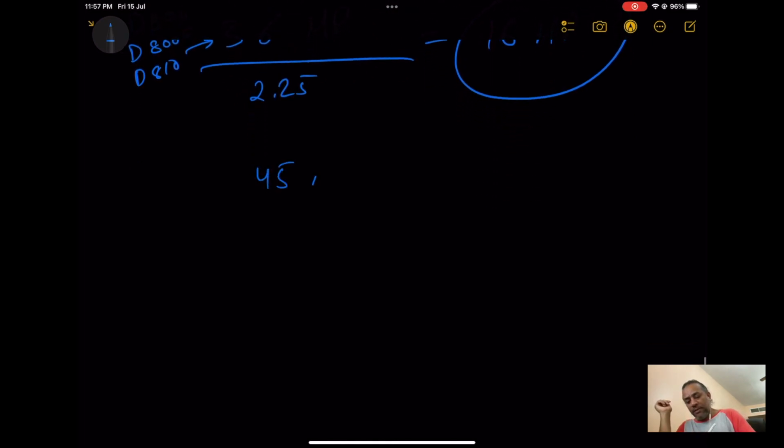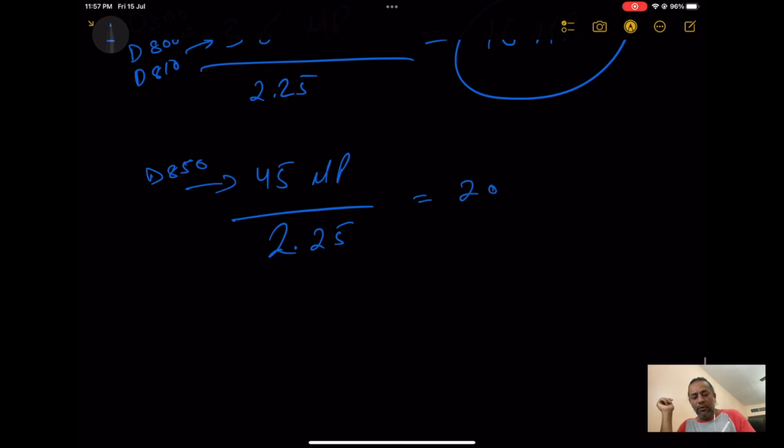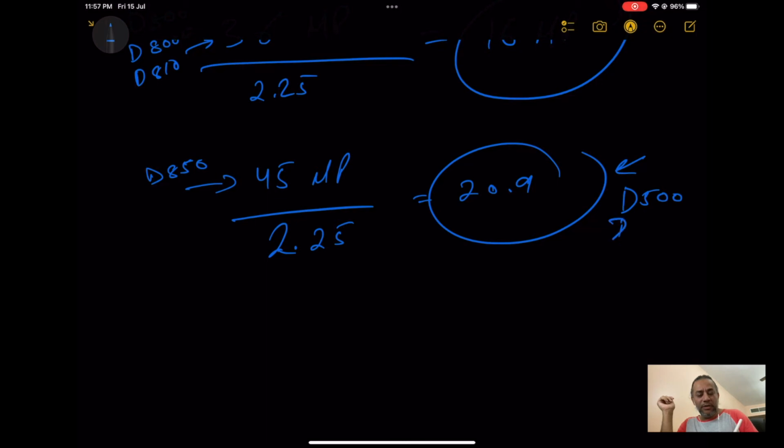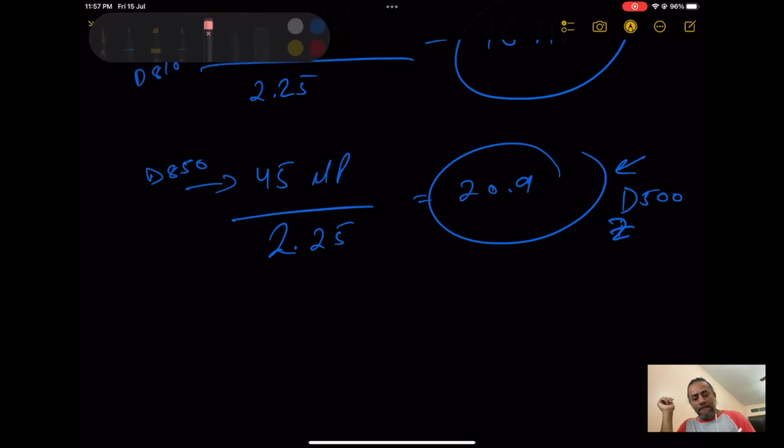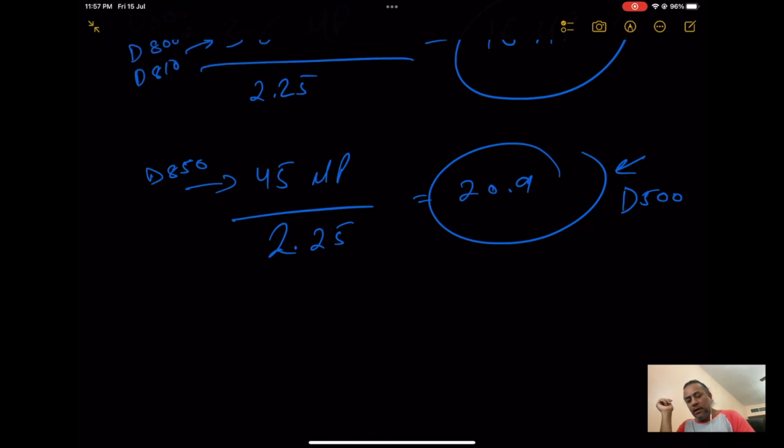You have a 45 megapixel camera divided by 2.25, there is of course D850. This will give you 20.9 megapixel. So basically, you will get not only D500, you also get D7500, Z50, Z30, ZFC.